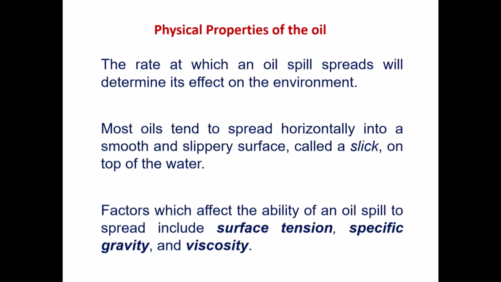So let us now study the physical properties of the oil. The rate at which an oil spill spreads will determine its effect on the environment. Most oil tends to spread horizontally into a smooth and slippery surface, which we call a slick, and it floats on top of the water.